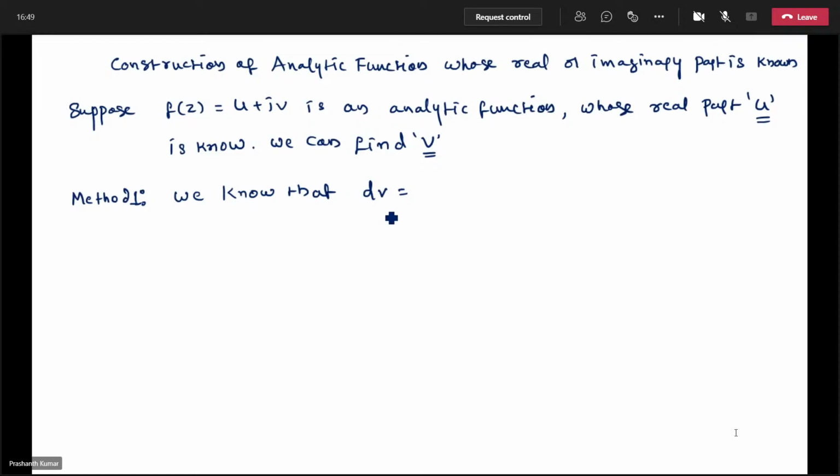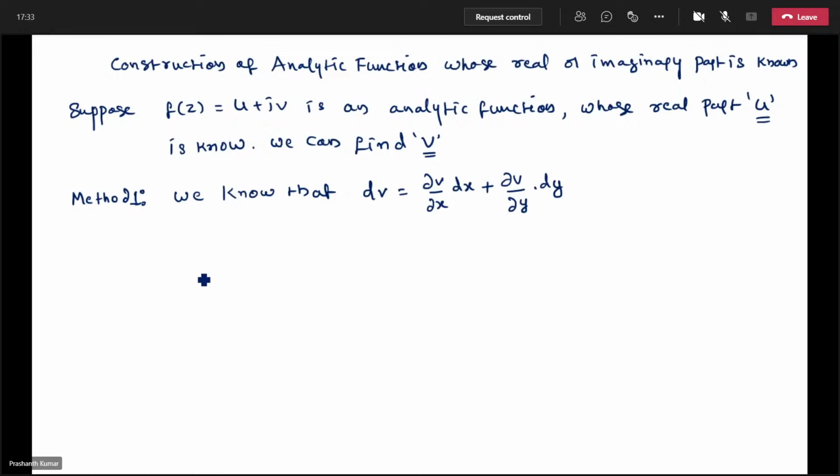By the definition of the total derivative, dv is equal to dou v by dou x into dx plus dou v by dou y into dy. Here v is a function of x and y, and u is also a function of x and y.